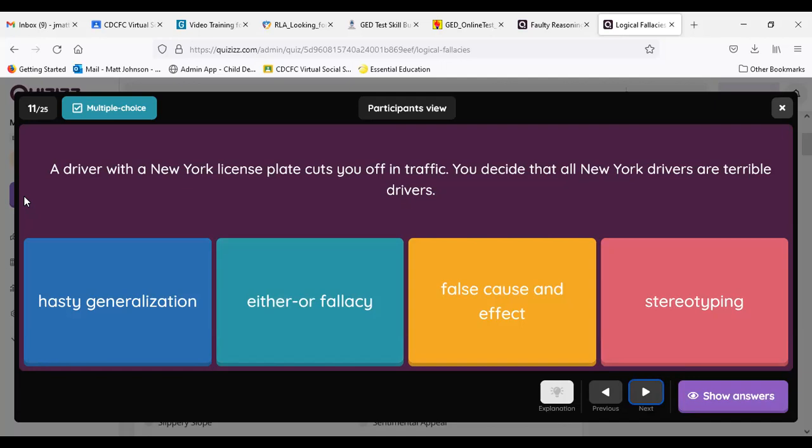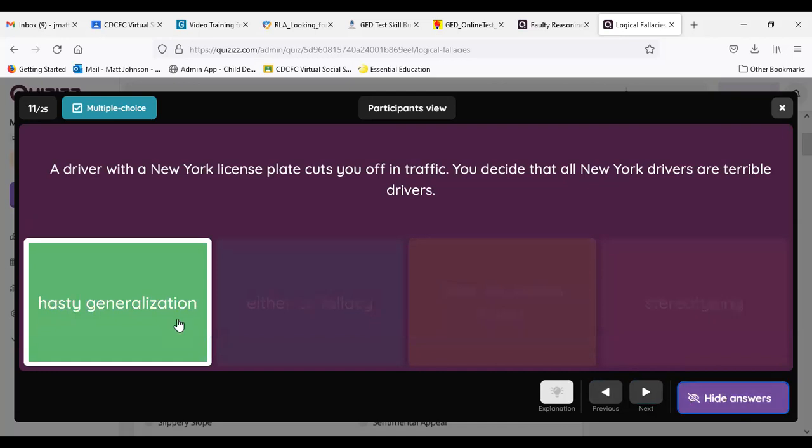It's kind of interesting that they put hasty generalization and stereotyping in there, because stereotyping is pretty much a hasty generalization. I don't care for that question because that's a little bit of a stereotype. But I think you're on the right track there because it is largely the same thing.